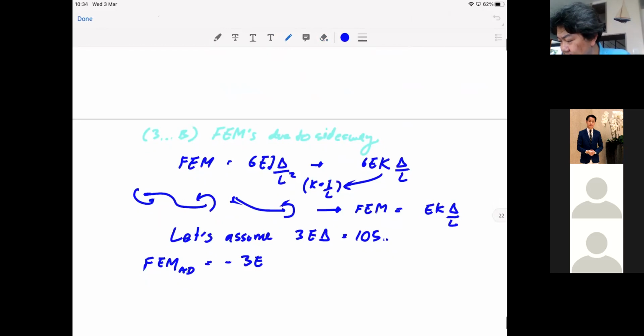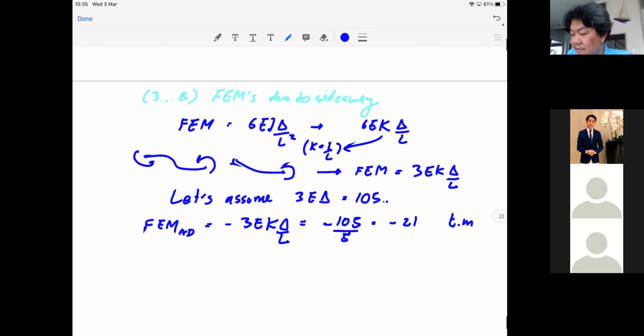I said 3, but I wrote 6. Oh, horrible. Okay. So it becomes minus 3EK delta over L. And because I say 3E delta is 105, that becomes minus 105 over the length 5, or minus 21 ton meter.